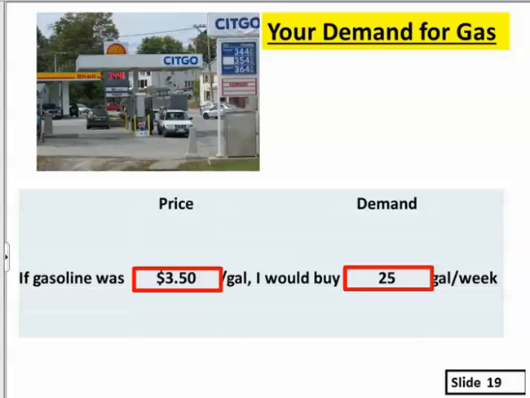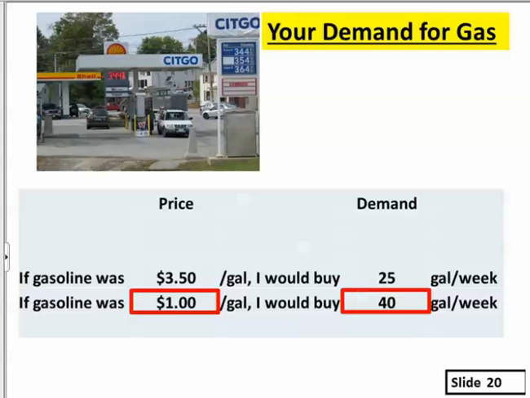Okay, now, if the price were to go down, and here I've used an extreme example, I'm talking about it going down all the way to $1 a gallon. We know it's going down a little bit right now, but it's nowhere near $1 a gallon. But if it were as cheap as $1 a gallon, you'd probably be willing to buy a lot more gasoline. And if you knew it was going to stay at $1 a gallon, you might even be willing to go out and buy a bigger, fancier car with a bigger engine in it.